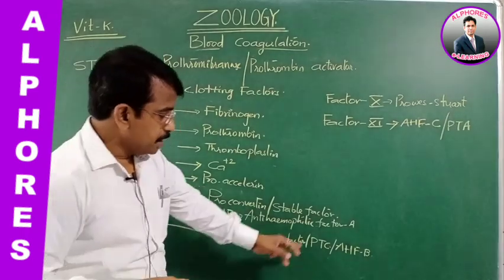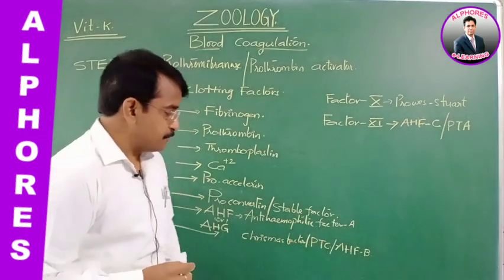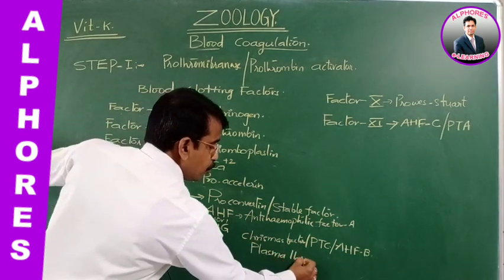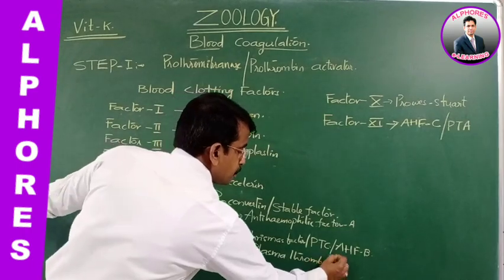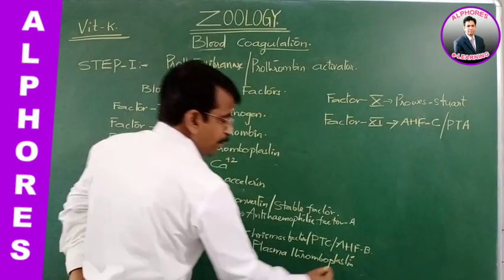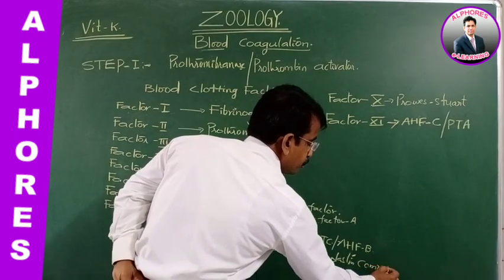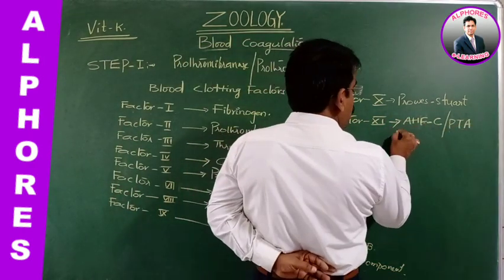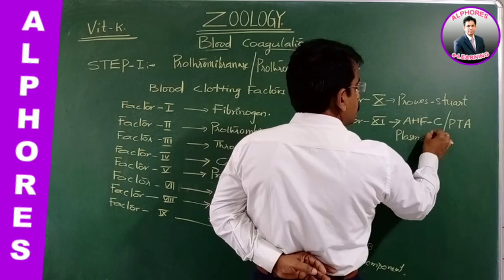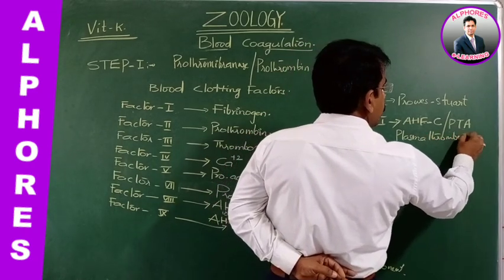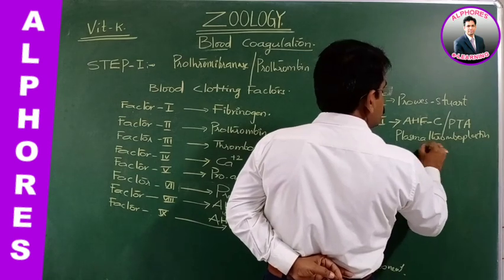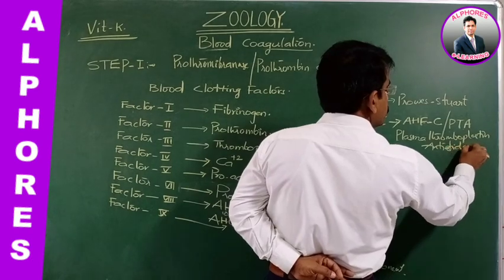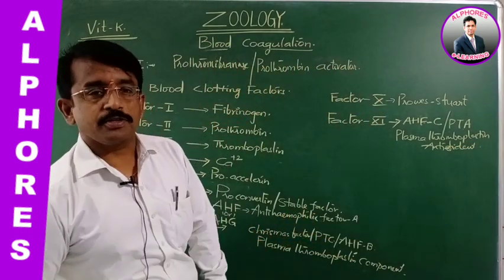I repeat, PTC stands for plasma thromboplastin component, whereas PTA, plasma thromboplastin antecedent, is what we consider factor 11.